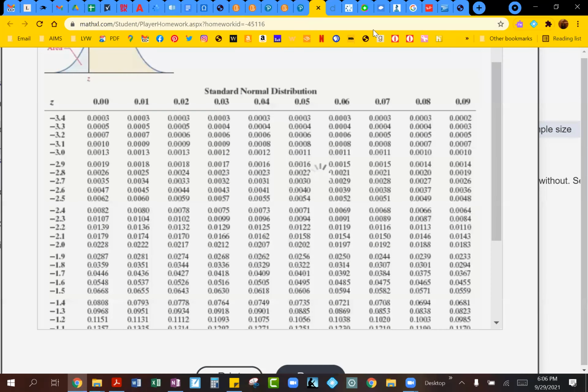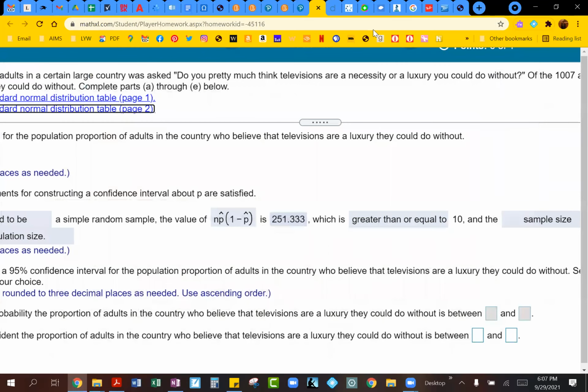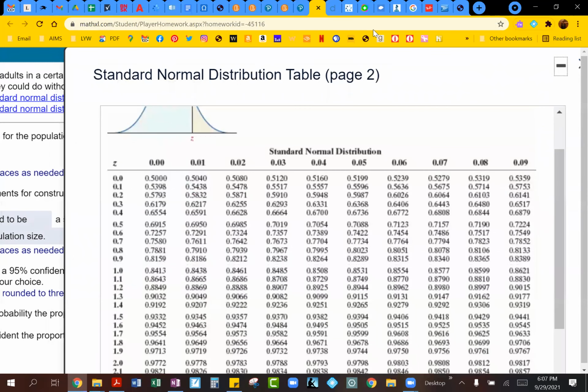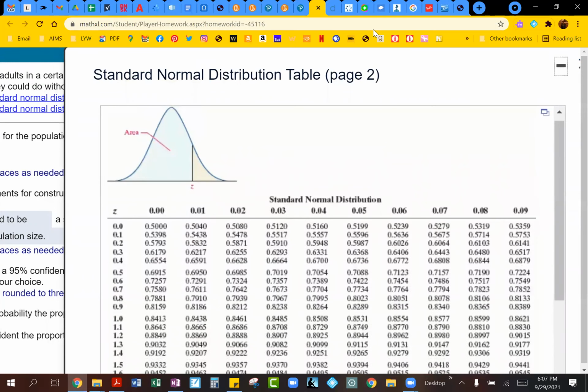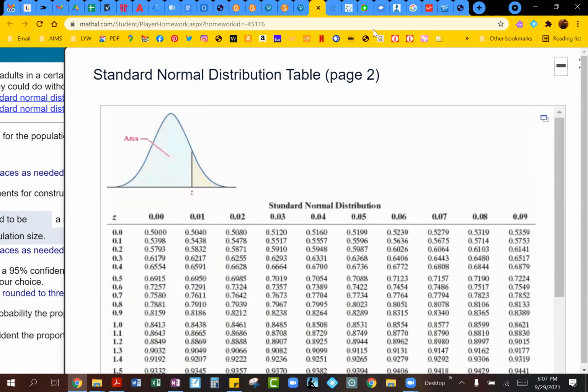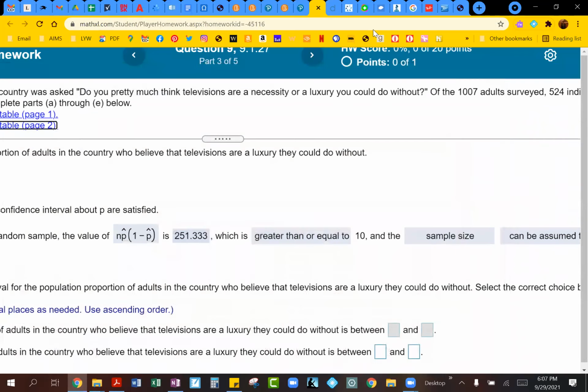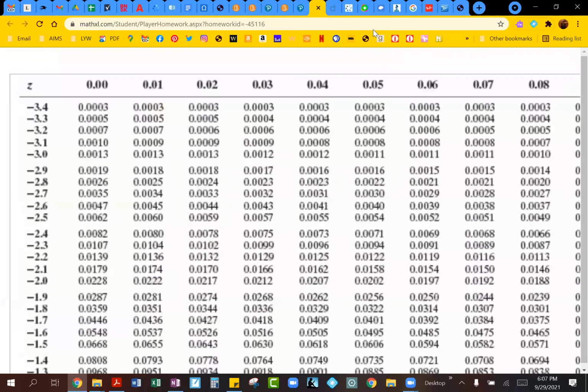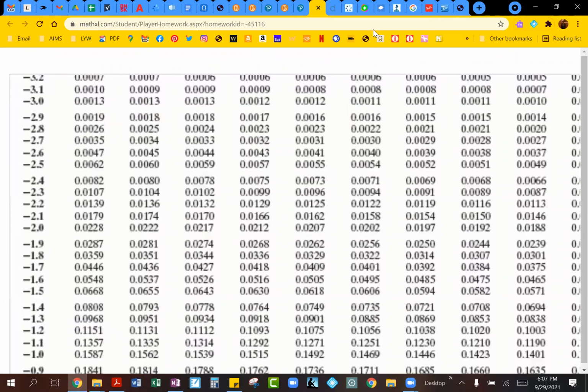Am I looking in the wrong table? Hold on. No, because this one starts after 50%, so 0.05. So I was in the right one. Oh, there we go. I just missed it. I didn't even see it.